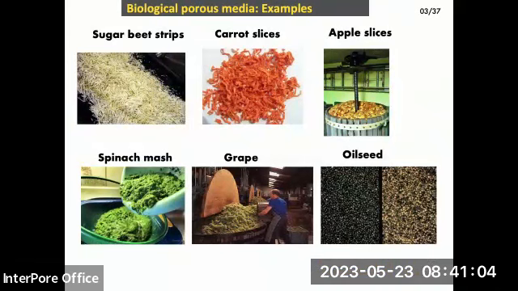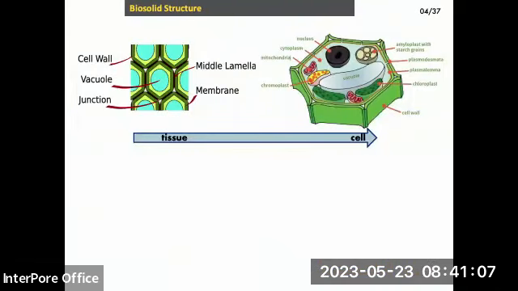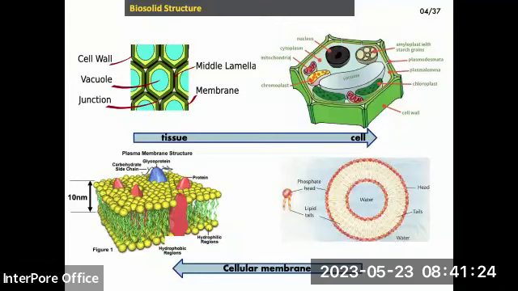So in most cases, we have the cellular structure of biosolid particles with elements like vacuole, cell wall, cell membrane, and different compounds of the cell. If we see in more detail the structure of the cell membrane, this is the lipid bilayer surrounded by a water solution, and this cell membrane is very thin.